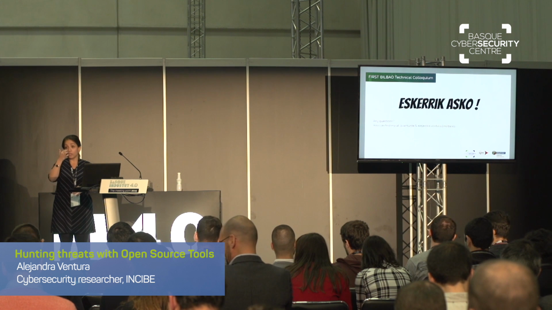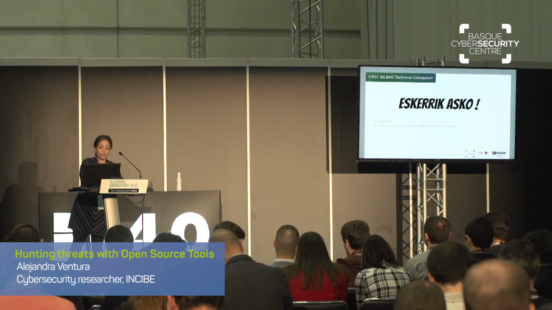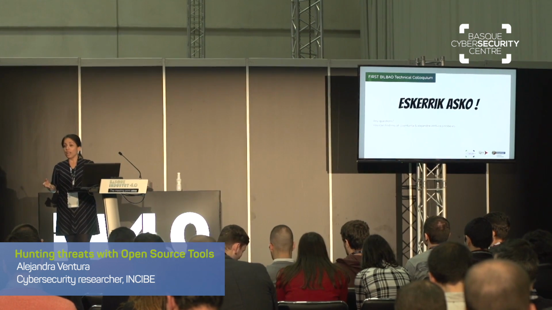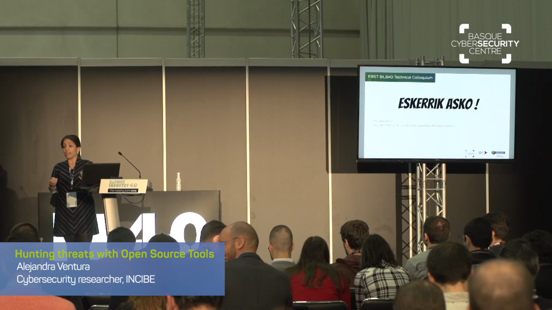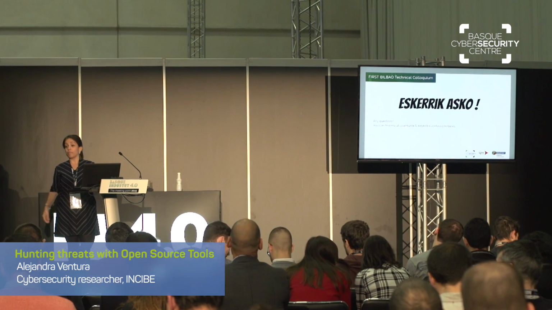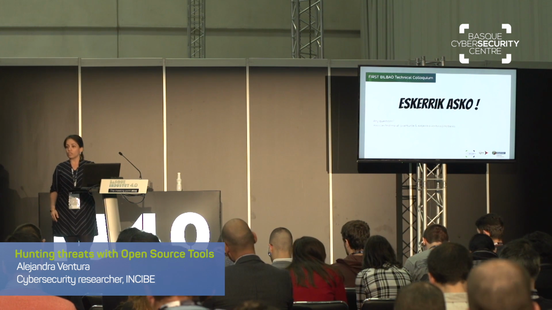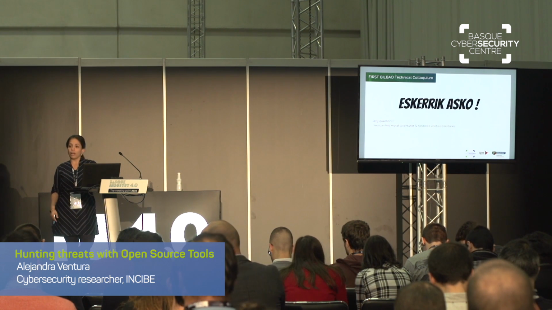I mean, you need to look at your system, because maybe you are a public organization and you are another type of target, and you will receive another type of attack. So maybe it's better to use a tool like T-Pot.